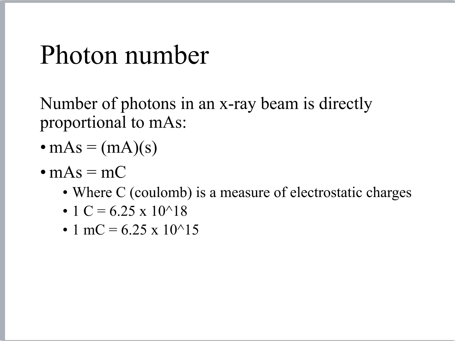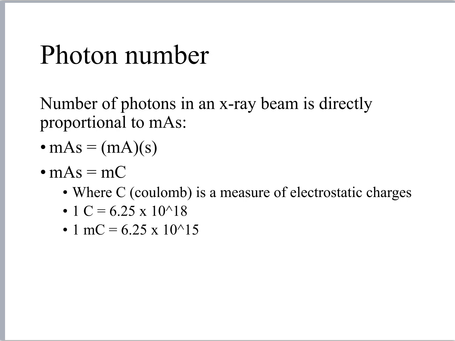So let's first talk about photon number. Anytime we're messing with mass, we're essentially directing the amount of electrons that are being produced, or boiled off, by the filament, and that same amount of electrons, forming an electron cloud around the filament, is what will be accelerated towards the anode in order to produce X-rays. So the number of photons is directly related to the number of electrons that we had to begin with.